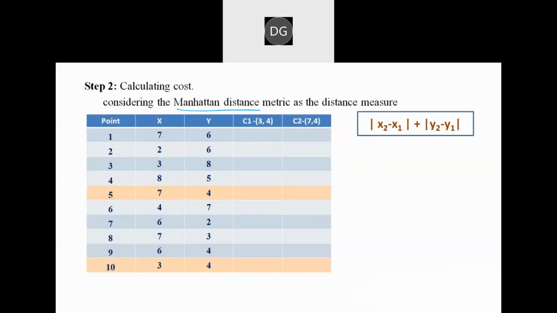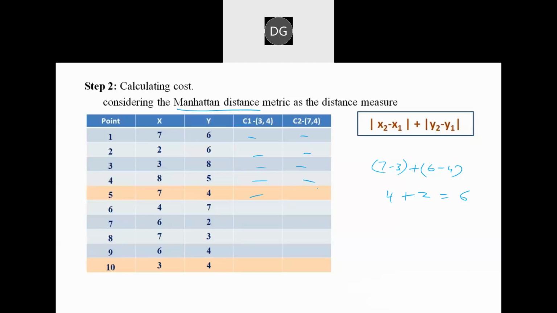Same formula, right? So we know 7 minus 3, or 3 minus 7, anything you can give, plus 6 minus 4, you will get 4 plus 2, which is 6. Likewise, we have to fill all these points.